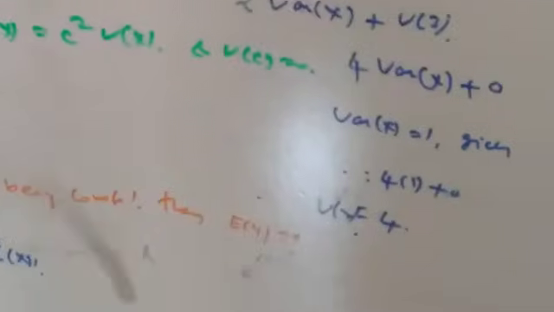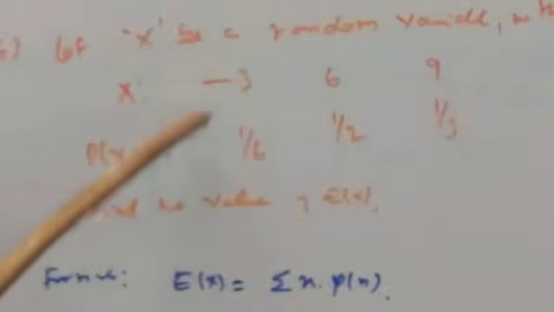Sometimes the problem may be asked directly using the property: if Y equals cX, c being a constant, then the expectation of Y equals c into the expectation of X. This is the property. Then, using the same, a problem is given: let X be a random variable with values minus 3, 6, 9 and probabilities given.